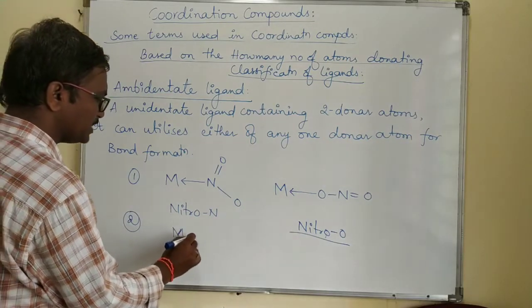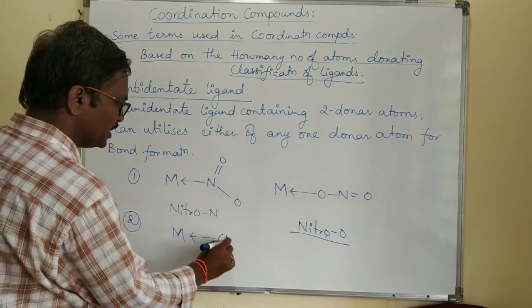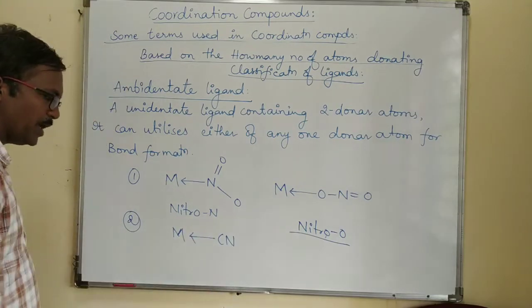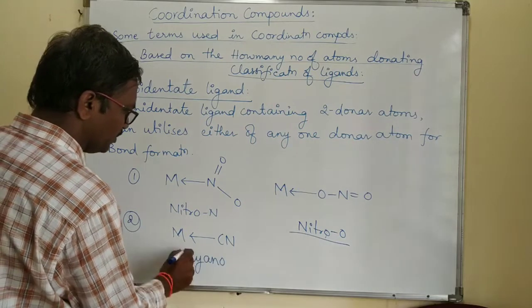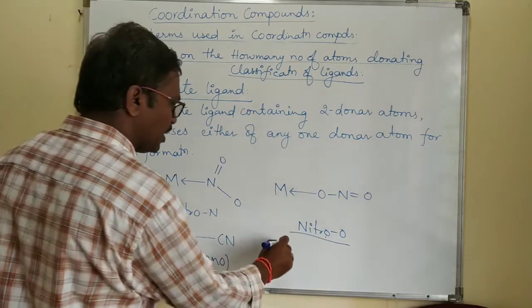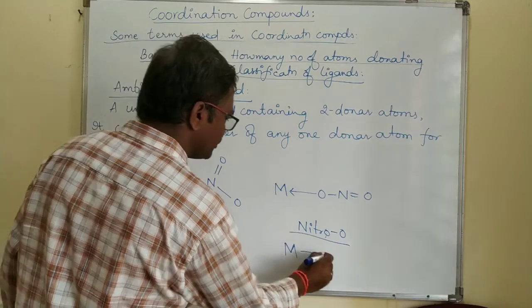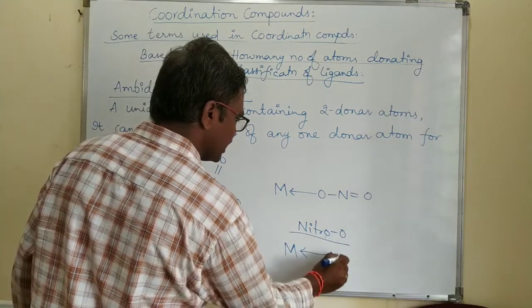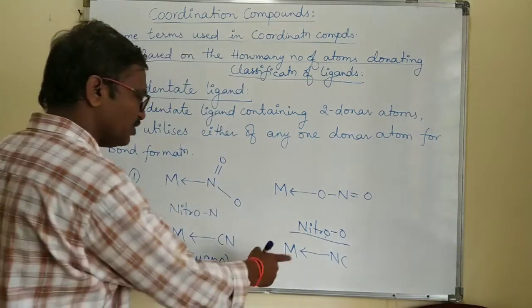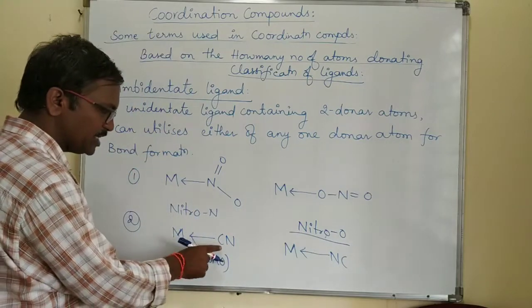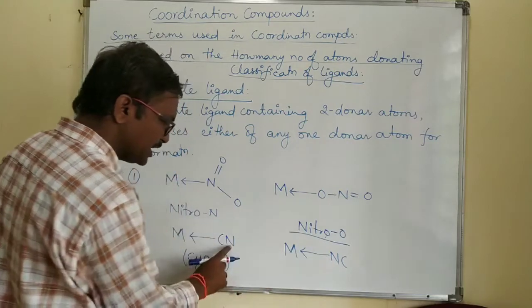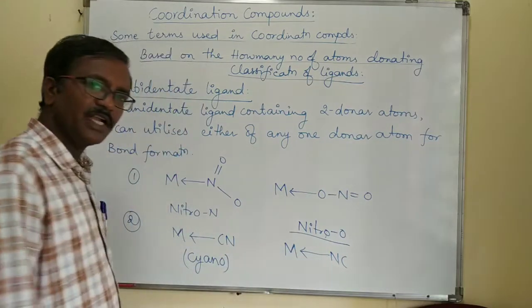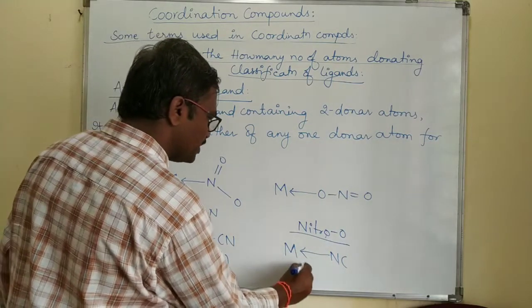The next one is cyano and isocyano. Here CN is donating through carbon, so it is cyano. In the same formula written as NC, nitrogen is donating.